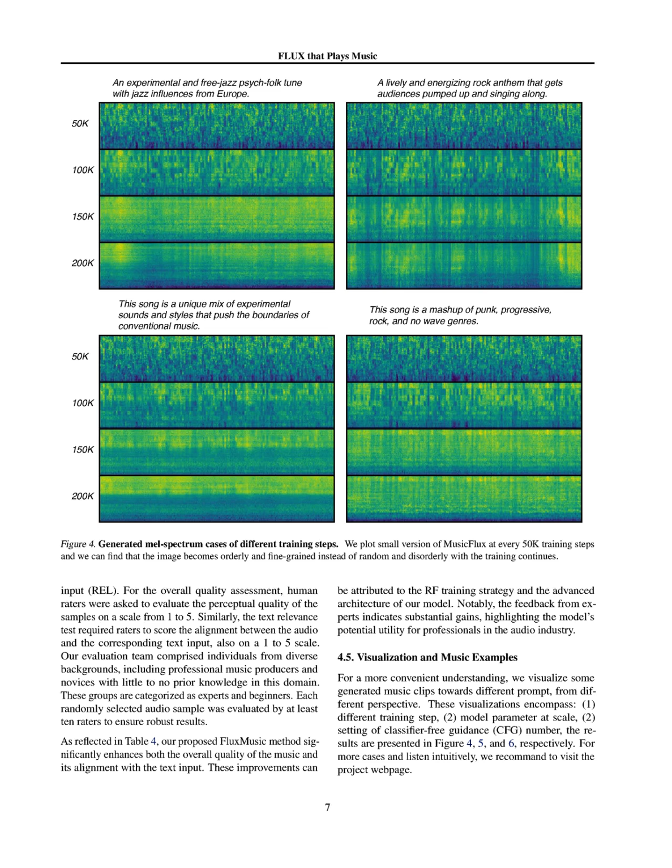Additionally, human evaluation involved assessing the overall quality and relevance of the generated audio samples, with raters from both expert and novice backgrounds providing scores on a scale from 1 to 5. The results indicated that FluxMusic significantly enhanced both the quality of the music and its alignment with the textual input, demonstrating its effectiveness in text-to-music generation.